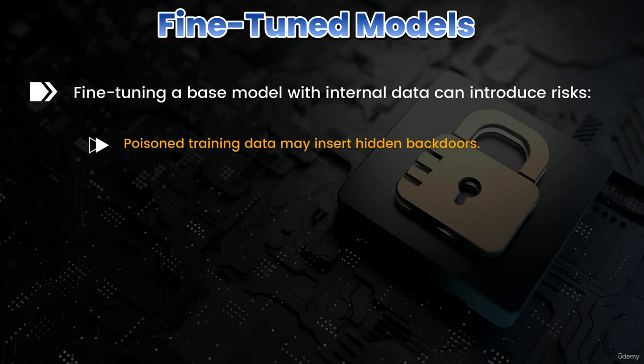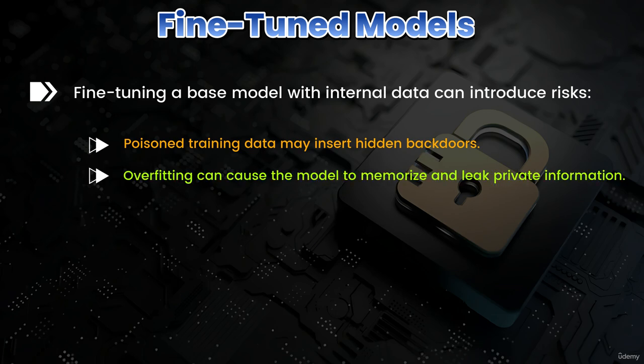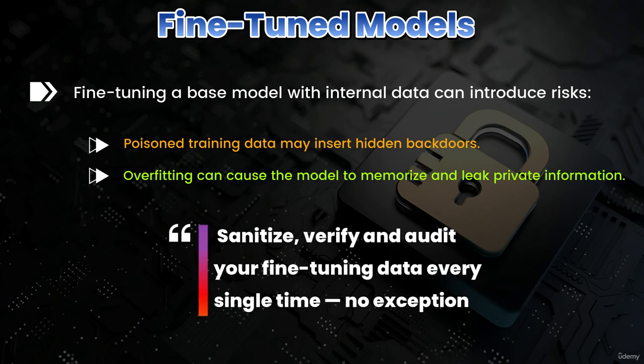Fine-tuning without proper controls can also cause overfitting, leading the model to memorize and leak private data when prompted in just the right way. The bottom line: sanitize, verify, and audit your fine-tuning data every single time, no exceptions.